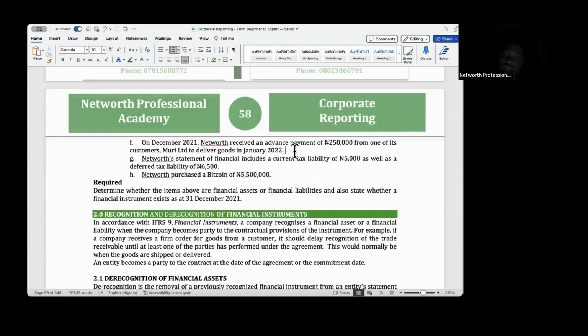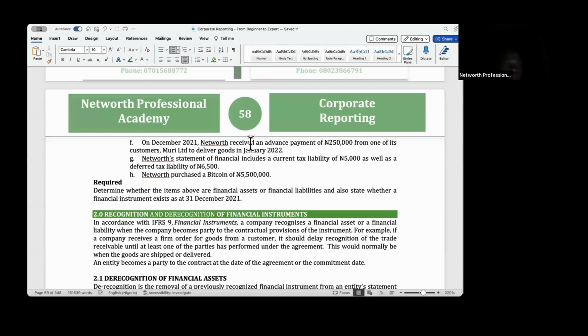No, it cannot, because a financial liability is a contractual obligation to deliver cash, not to deliver goods. So since what net worth is delivering here is goods, it is not a financial liability. So that means we don't have a financial instrument contract here. And that's what we are saying. I don't know if you now understand it. Yes, I do.